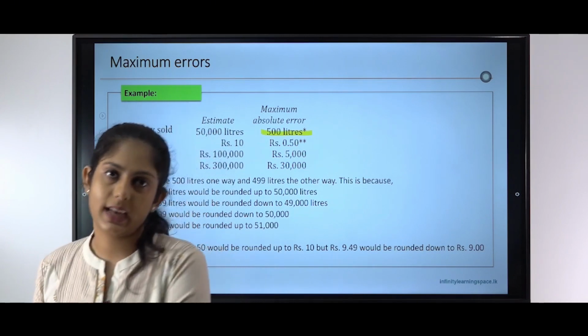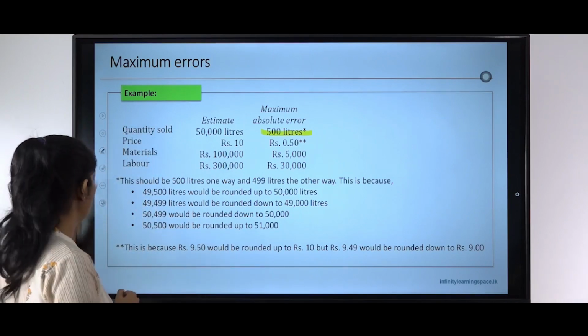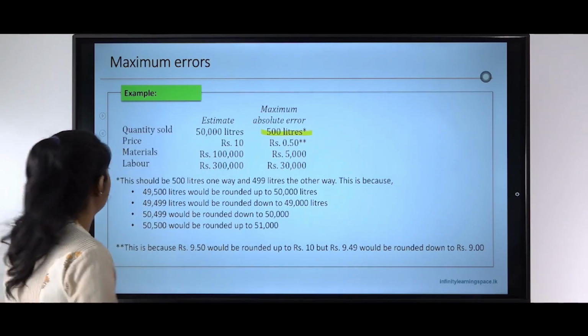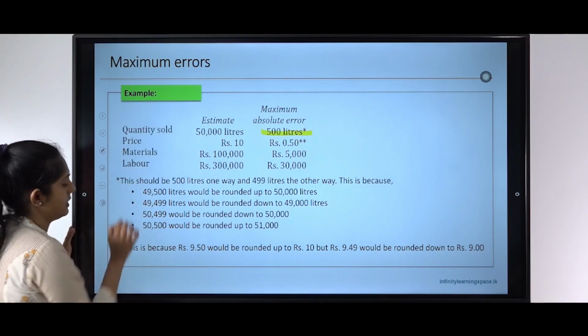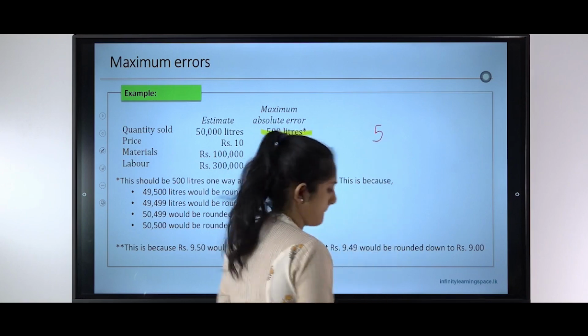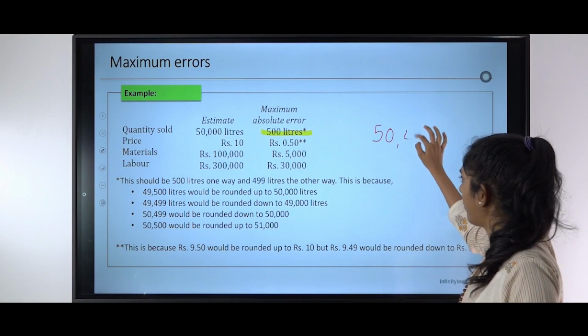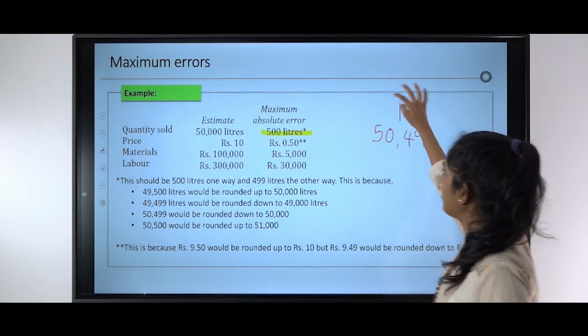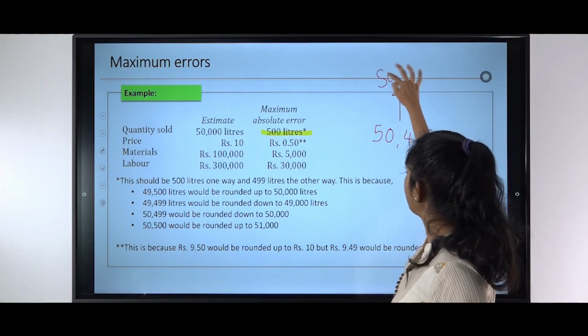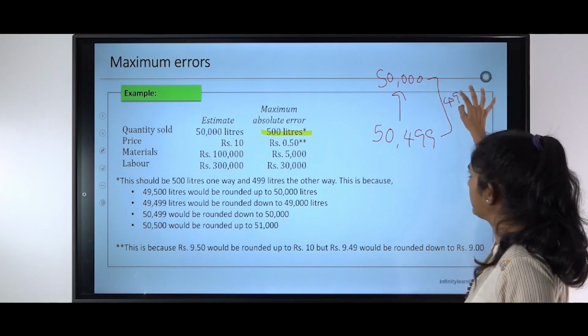Same way on the other hand also. If it was 50,499, your difference from 50,000 is a 499 difference.